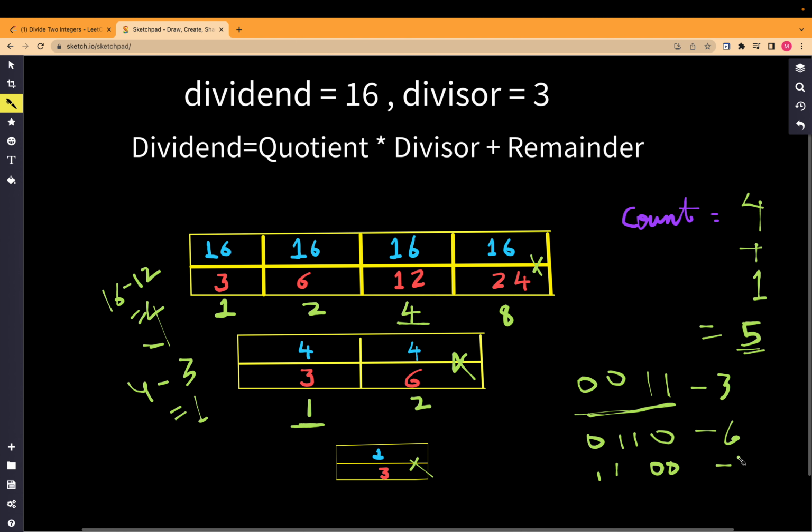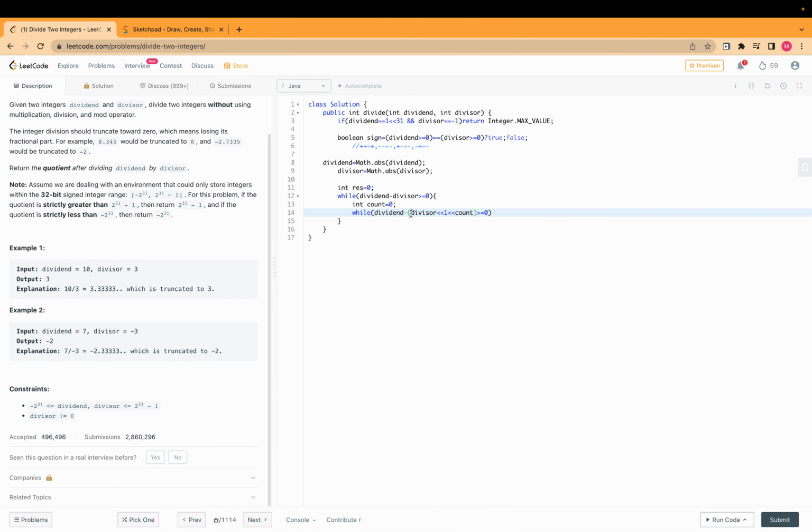So this is 12. So this is how we are left shifting them and increasing their value, doubling these values each time. And the count is like, if the count is 1, then we will left shift it by 1. If the count is 2, we will left shift by 2, we will get 12. So this is what we are doing, and that's why this code is for that.